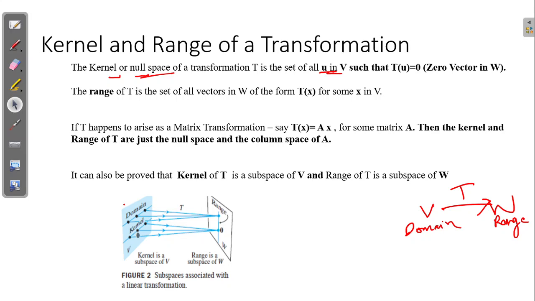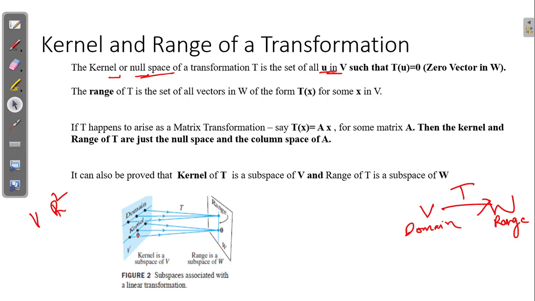You can visualize this. This is a graphical representation. Suppose we have the kernel like this. For example, consider vector spaces V and W. The vector space V is R2. R2 is the set of all ordered pairs, which you can imagine like a plane.